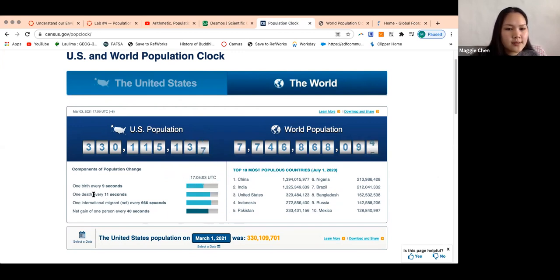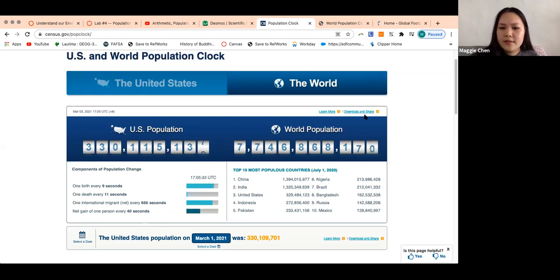Some components that affect our population in the US: around every 9 seconds, one birth is happening. Around every 11 seconds, someone's passing away. And we also have international migrants around every 666 seconds. And so that means every 40 seconds, we would gain one person to our population clock.